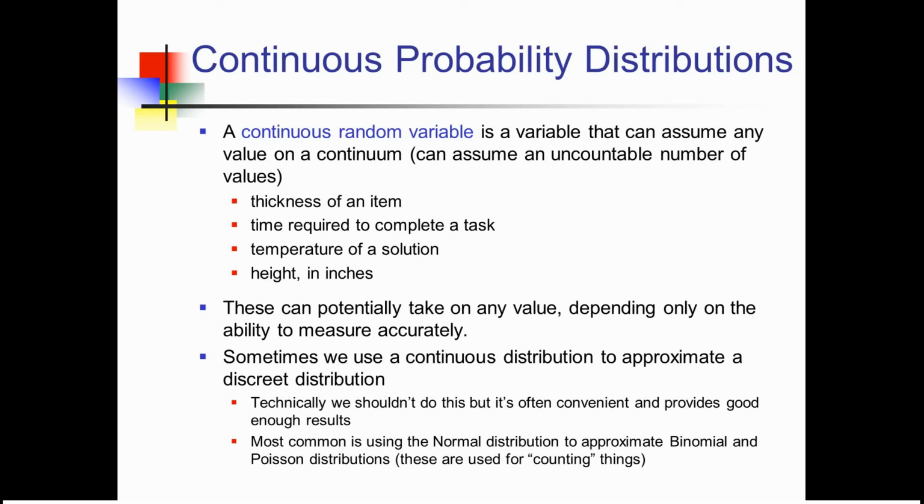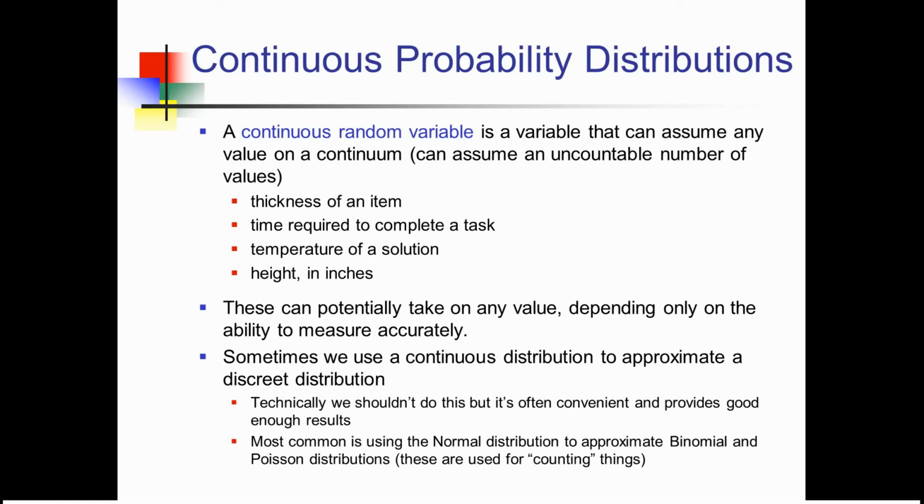A continuous random variable is one that can assume any value on a continuum, an uncountable or infinite number. It's actually more than infinite, but that's a technicality. Usually they represent measures, like the thickness of an item, the time required to complete a task, the temperature of something, or height.